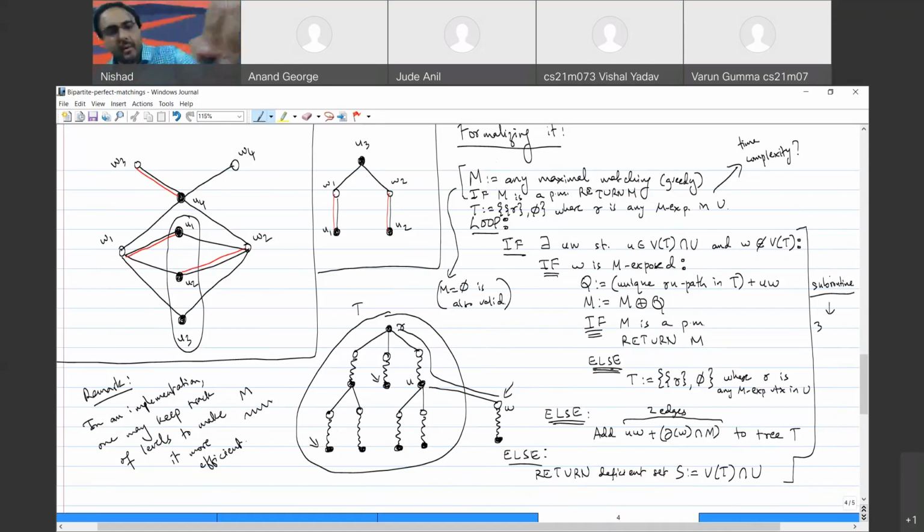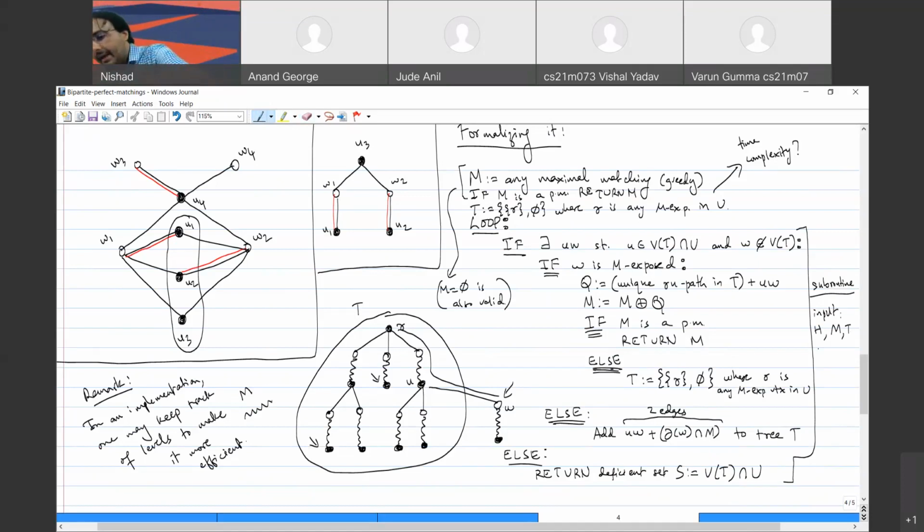Let me just say what are the inputs and what are the outputs. So this subroutine, the input is going to be the tight graph when we go to our minimum cost, right? So it's going to be a tight graph H, it's going to be a matching M, and it's going to be an alternating tree T with respect to that matching.